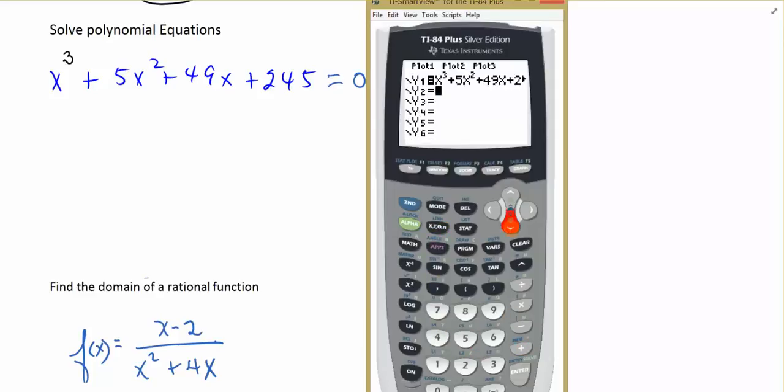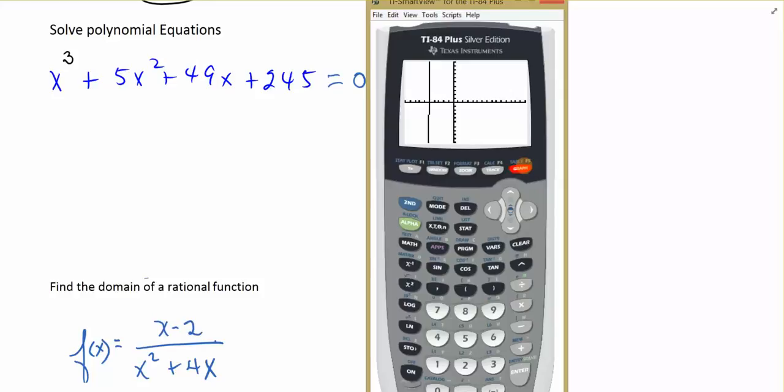And put y equals 0 on the y2. Because what we're going to do is say, where does my function hit the x-axis? So if I hit graph, you just see like a straight line? So this thing has one real solution and probably two imaginary.